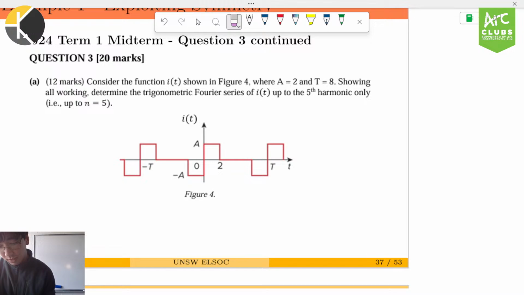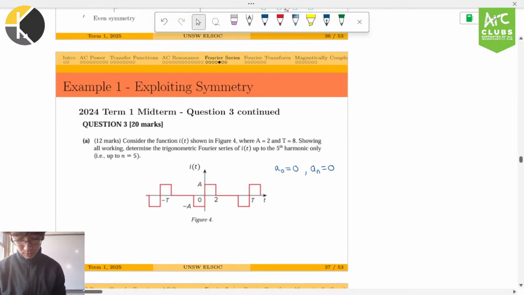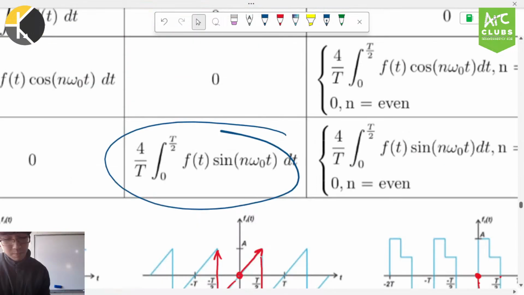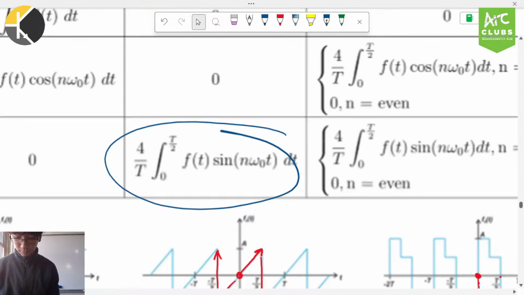So in the case of an odd function, we have a0 equals 0, an equals 0, and then we will apply this equation here to find bn. Cool.